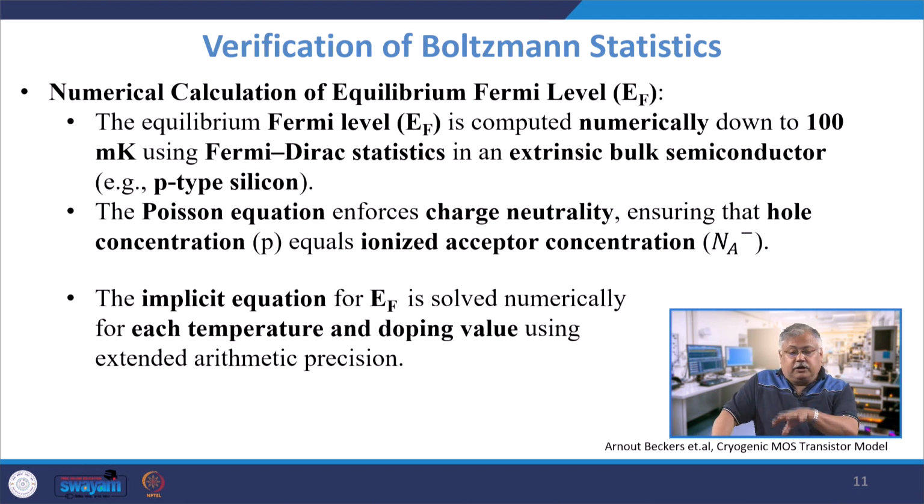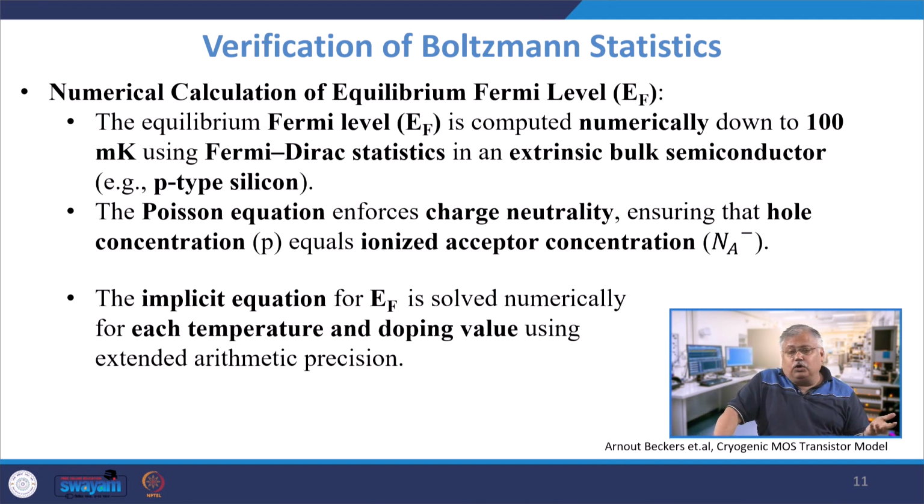And the reason why you want to go to 100 millikelvin is that all your qubits are somewhere in the millikelvin region, right? And therefore, the first part of the readout circuitry is almost closer to 100 millikelvin, and therefore, the variation of the Fermi level at 100 millikelvin is an important part.